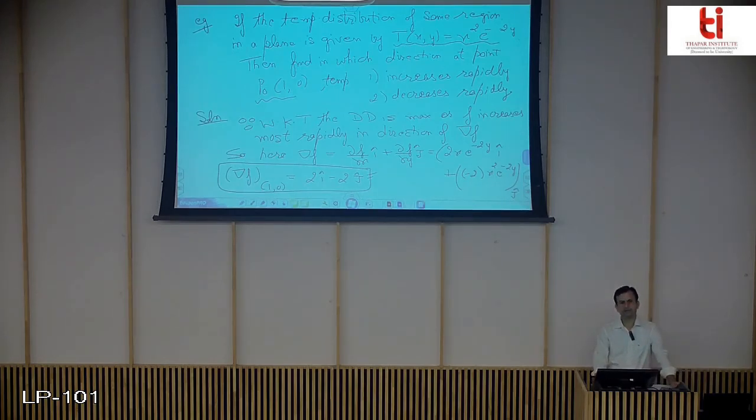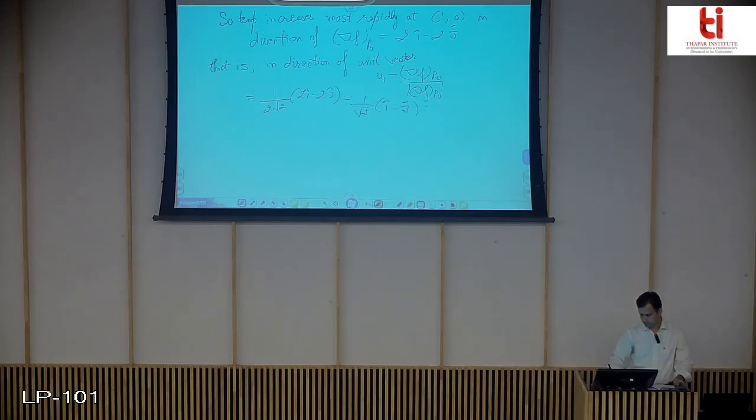So now, as we know that f, or temperature, increases most rapidly at point (1, 0) in the direction of gradient f at point P0, that is 2i minus 2j, that is in the direction of unit vector u1, which is equal to gradient f at P0 upon magnitude of gradient f, and that gives you 1 upon 2 root 2 times (2i minus 2j), and that comes out to be 1 upon root 2 times (i minus j).